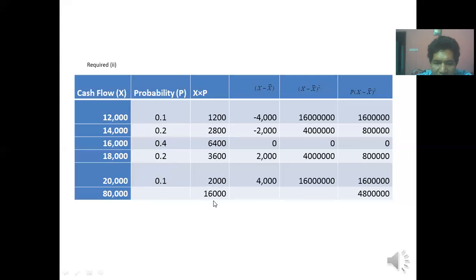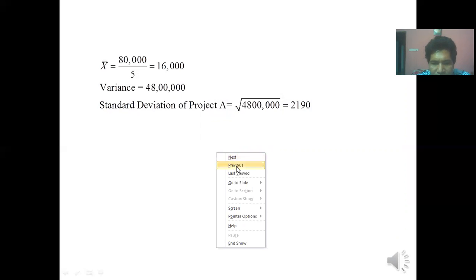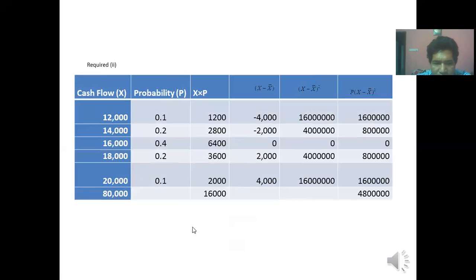16,000 divided by 1, 2, 3, 4, 5. So we can calculate, 80,000 divided by 5 equals 16,000. Total cash flow is 80,000, and the average or mean cash flow is 16,000.